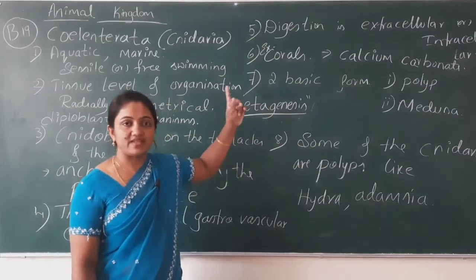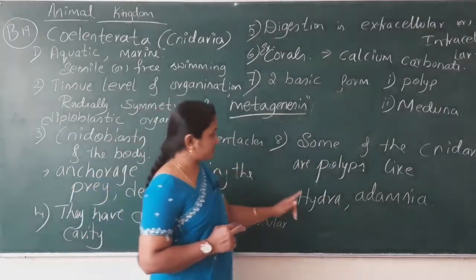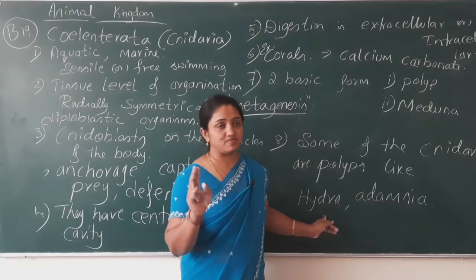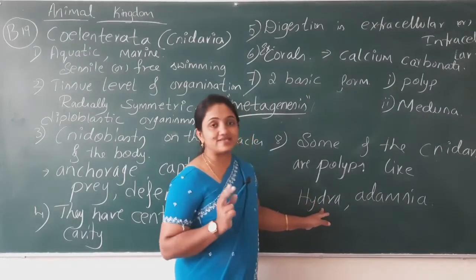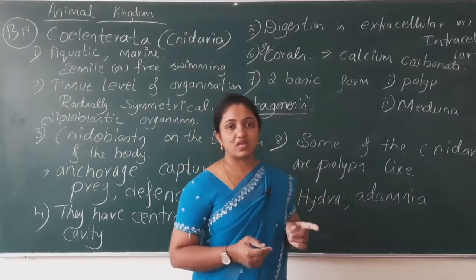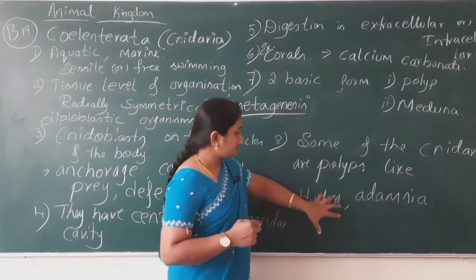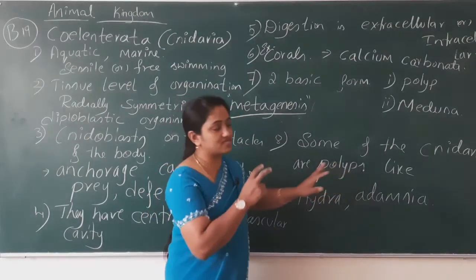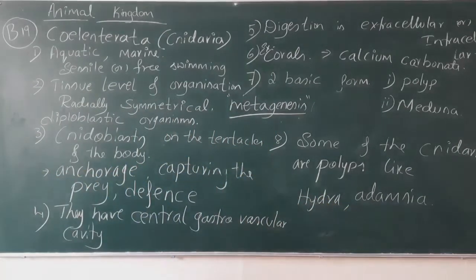Earlier we saw cnidarians like Aurelia, which is a free living organism. But here some of the organisms do not move from one place to another, they stick to one place. Those are known as sessile ones or polyps. They release their free living organisms, but the main form is a sessile one, a polyp. When I draw the diagram, you will come to know what I am talking about.